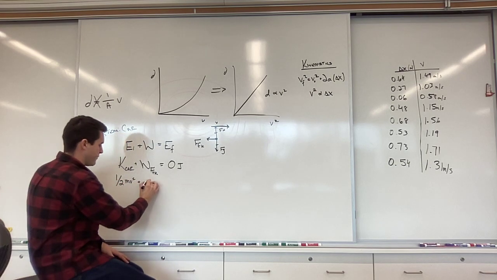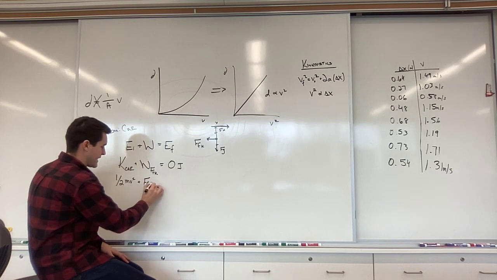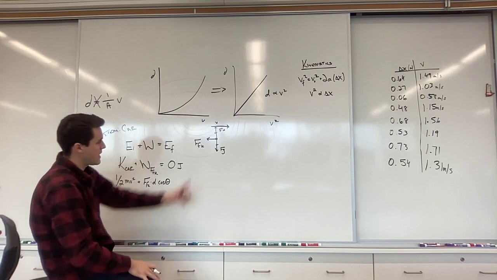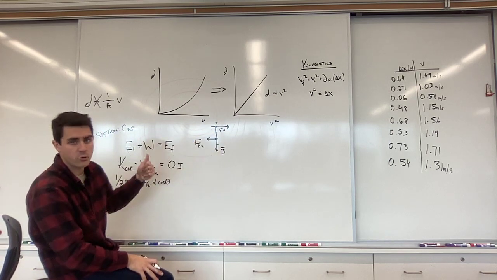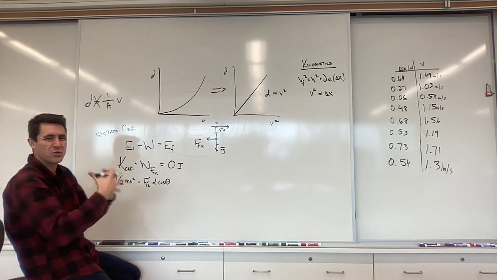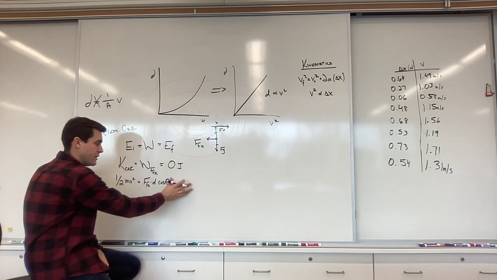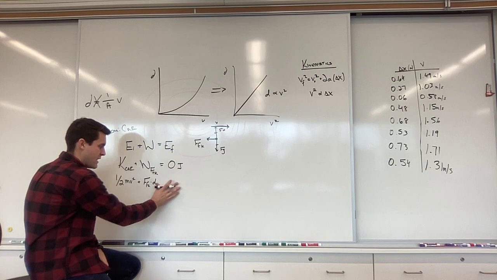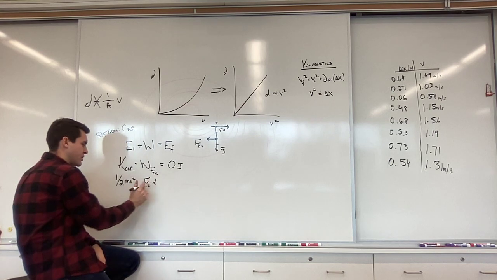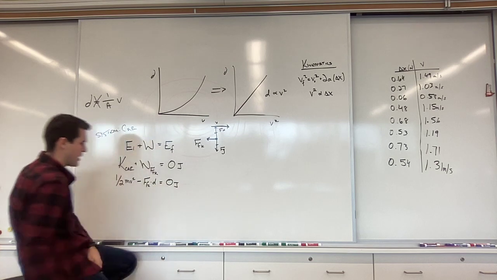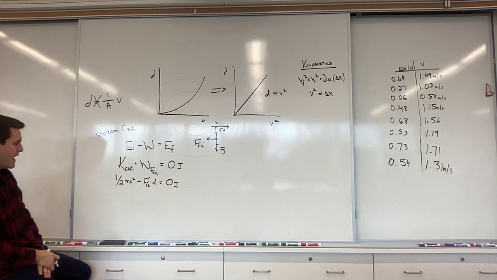The work done by friction is going to be the force of friction kinetic times that distance times cosine of theta. I notice that I'm moving to the right and the force is to the left. The angle between those two vectors is going to be 180 degrees. So I'm going to remove cosine theta. Because they're in opposite directions, I know this work is removing energy from my system, so I throw a negative sign in there, make it a minus.